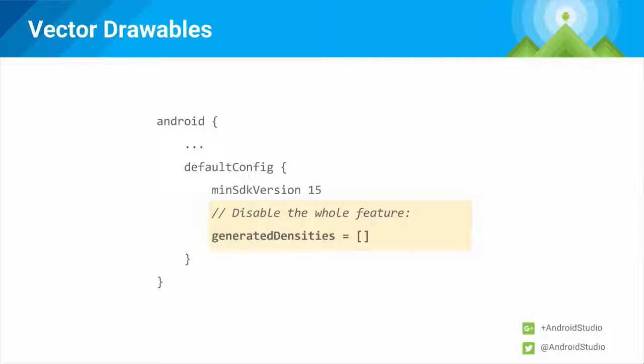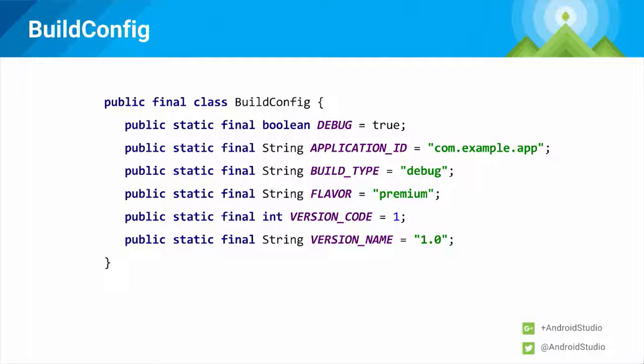And you can also set the set of generated densities to an empty set, which will disable the feature altogether. OK, lastly, since we have some more time left, let's just mention real quick BuildConfig. BuildConfig is a class that we generate at build time for each and every variant. You can use it to inspect which build type and flavor were used to actually compile your given variant.